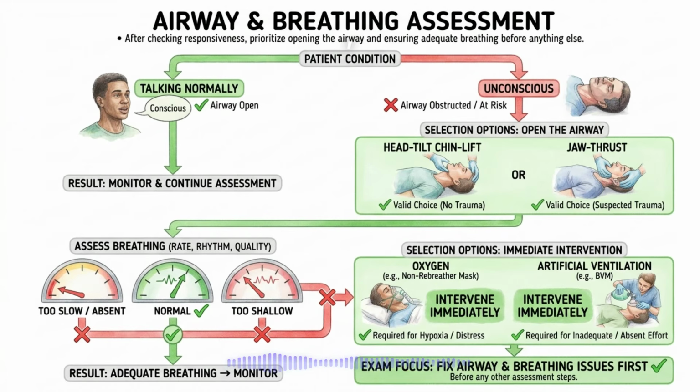You then assess the rate, rhythm, and quality of their breathing, intervening immediately with oxygen or artificial ventilation if they are breathing too slow, too shallow, or not at all. Exam questions will constantly challenge you to fix airway and breathing issues before moving on to any other part of the assessment.